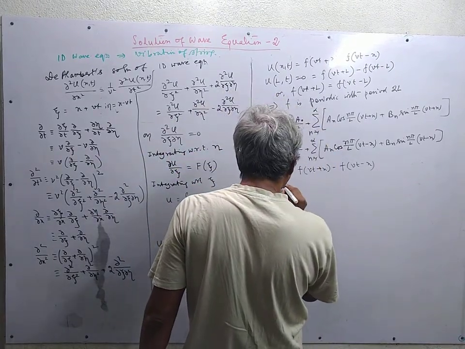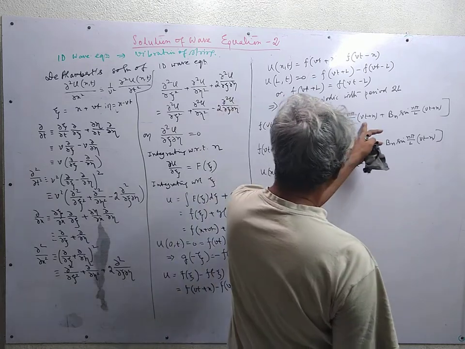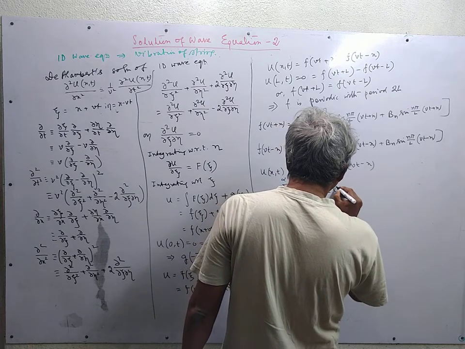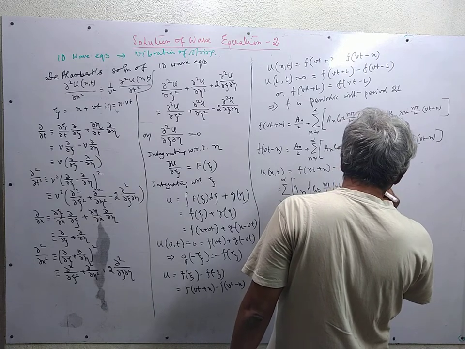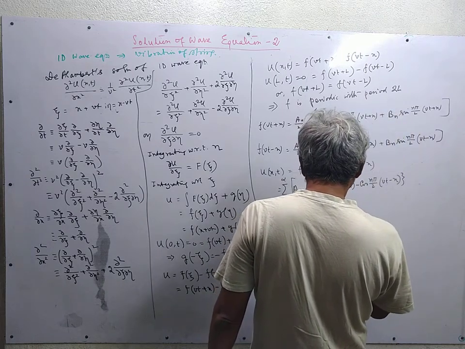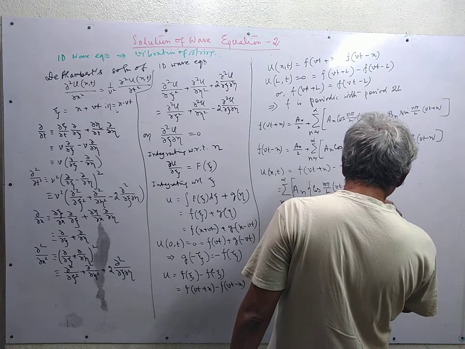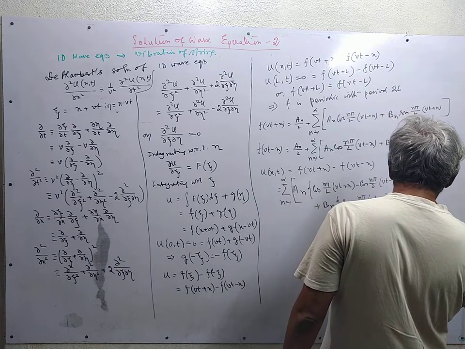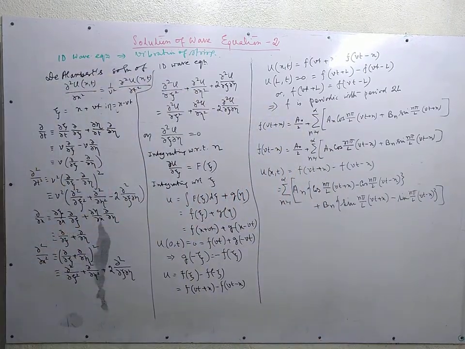So a0 term goes and we have n is equal to 1 to infinity an, then cos of this minus this, cos of n pi by l vt plus x minus cos of n pi by l vt minus x plus Bn, sine of this minus this. This is the Fourier solution.